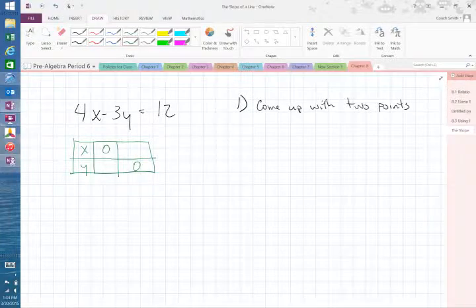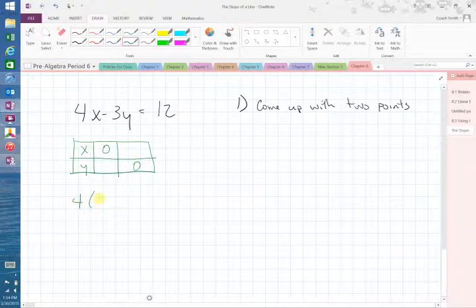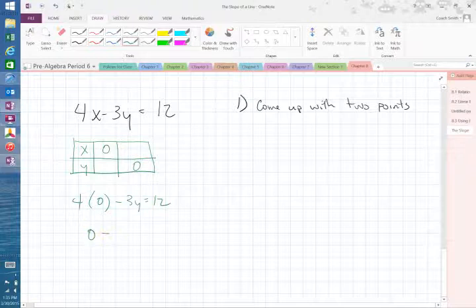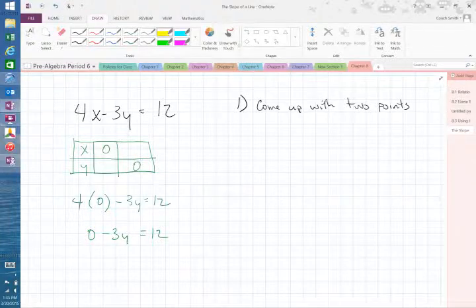So if we plug in the values for 0, 4 times 0 minus 3y equal 12. Hugo, what's 4 times 0? 0. Minus 3y equal 12. Now this is what some of you are still getting confused on. Okay? You have to do one of two things here, folks.